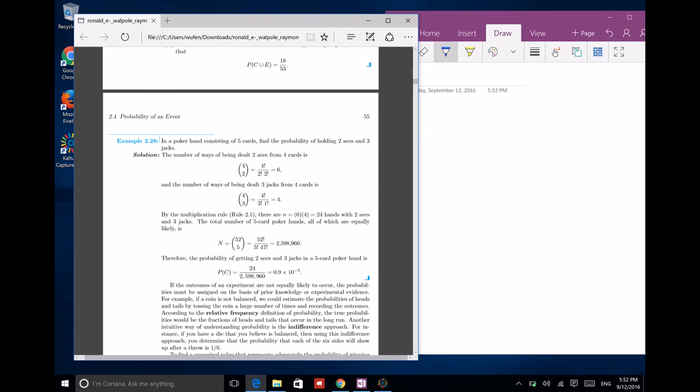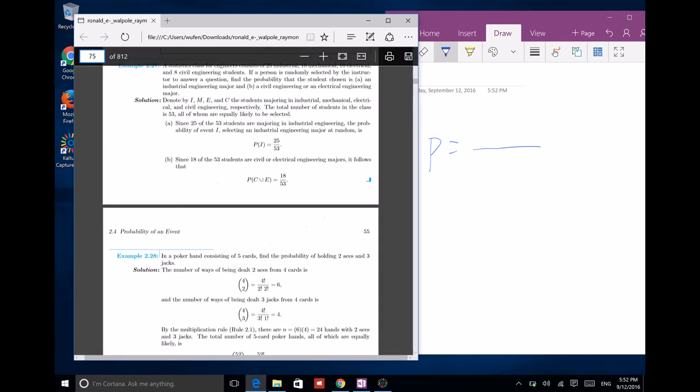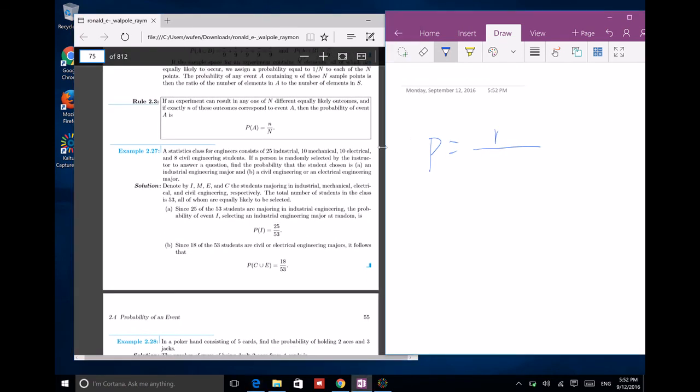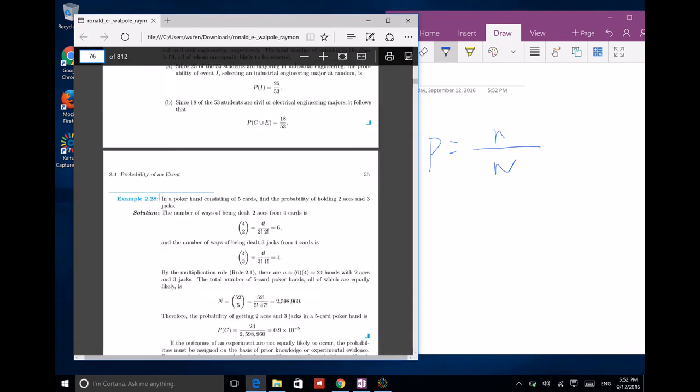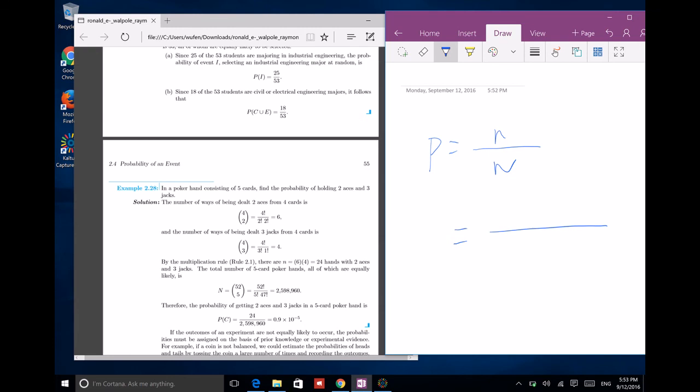According to the definition, the probability is small n over bigger N. So first, we randomly select 5 from 52.